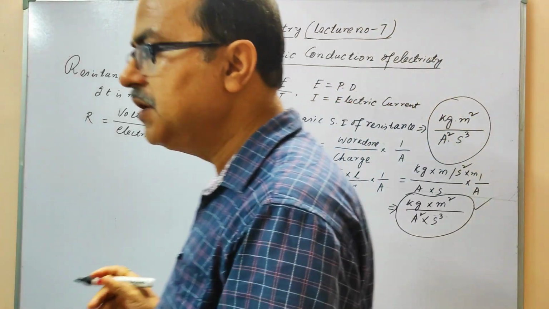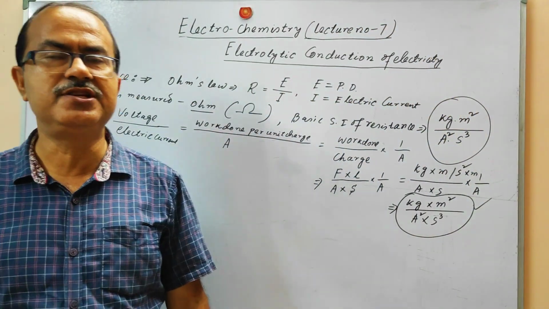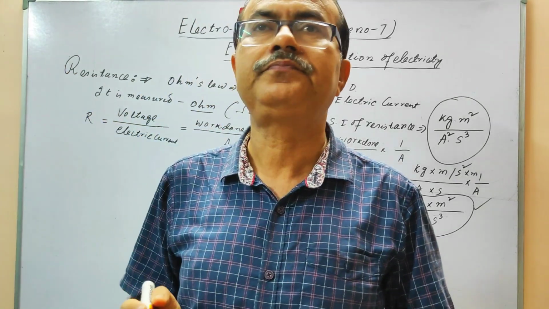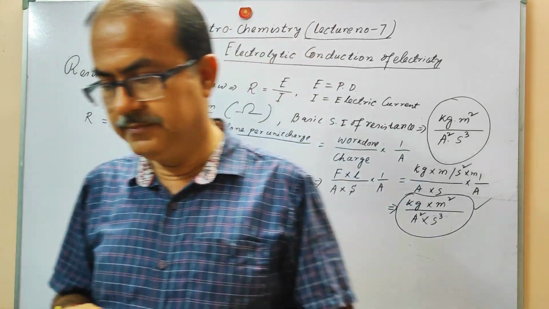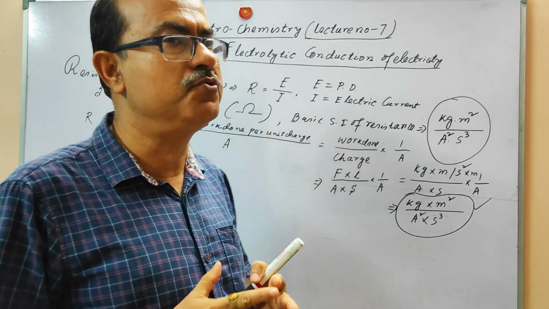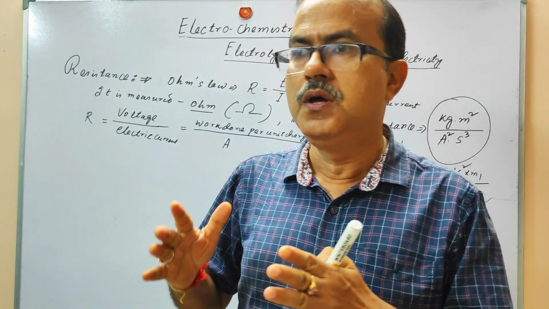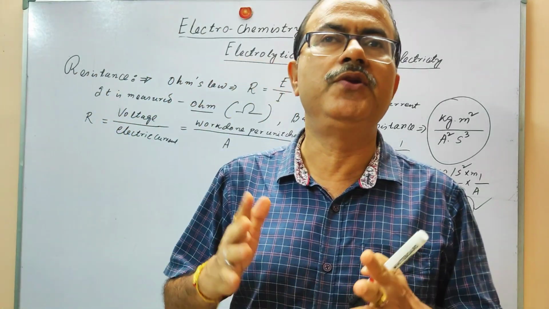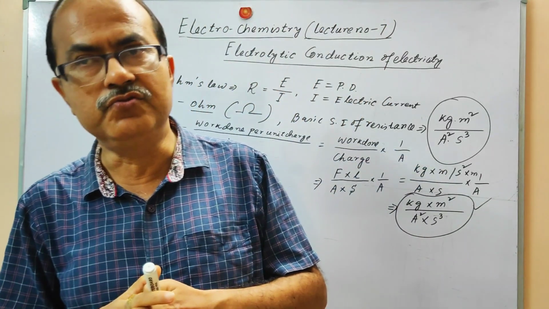Okay. So now we understand this is the resistance. Resistance is a very important property of a conductor, and you are able to measure it. Suppose there is an unknown resistance of a conductor, you can easily measure it by an instrument.